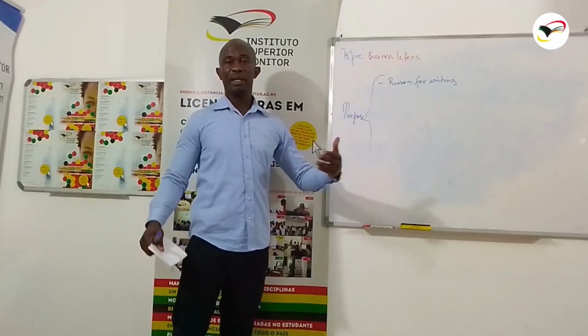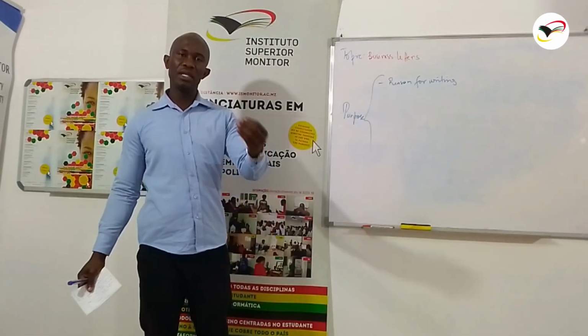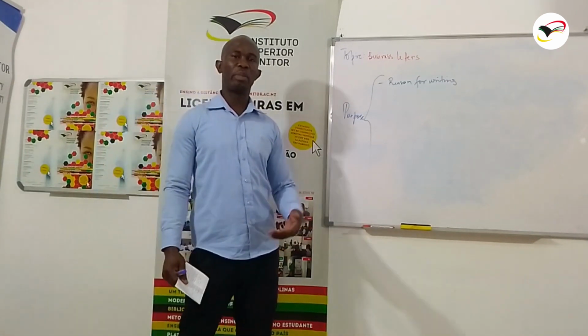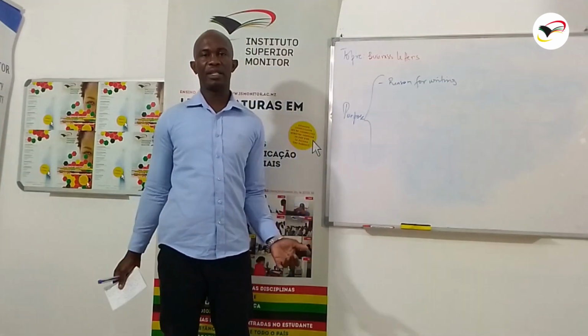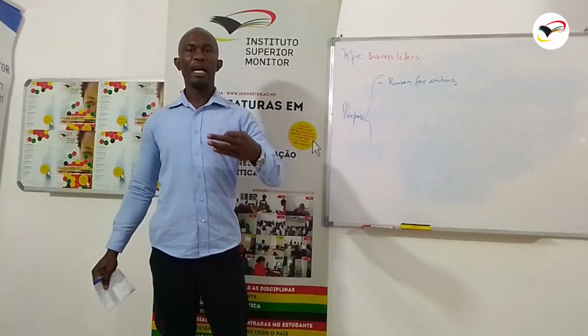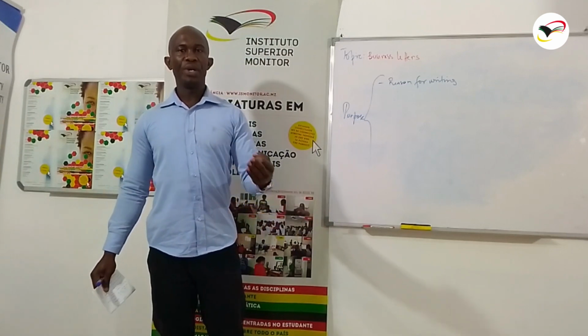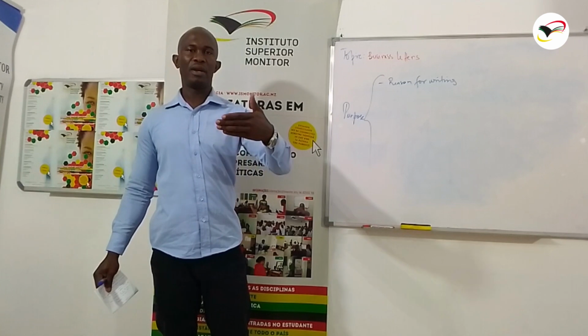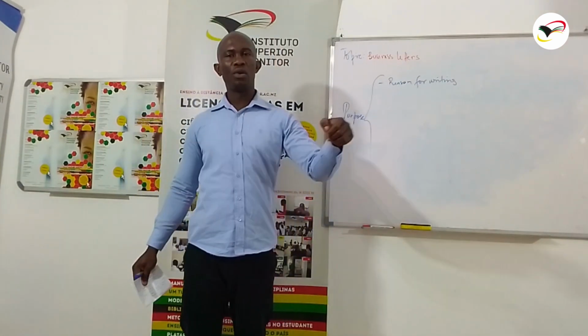Whenever we write a business letter, there is a reason for writing it. We can write a business letter to apply for a job. We can write a business letter to order goods. We can write a business letter to make a complaint. We can write a business letter to make a recommendation. We can write a business letter to acknowledge receipt of goods.